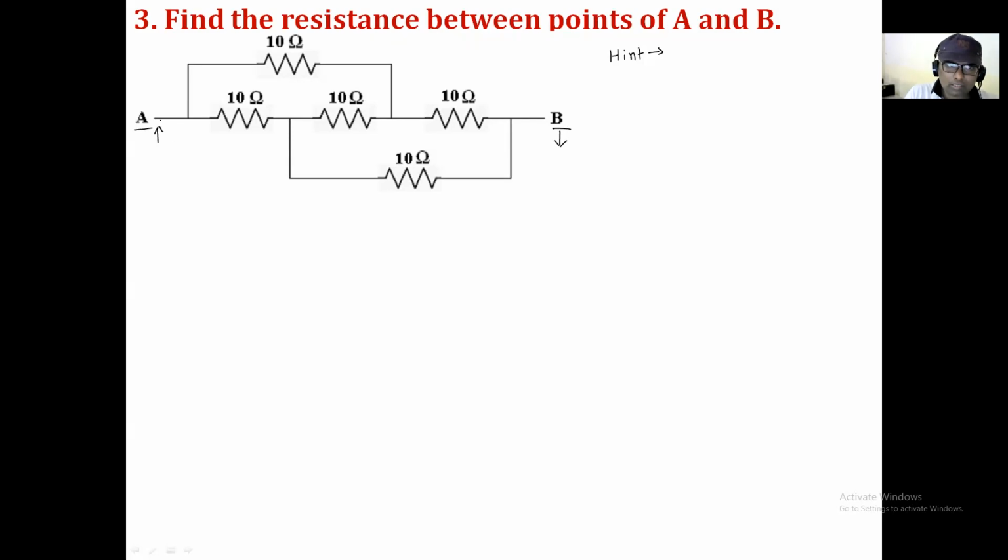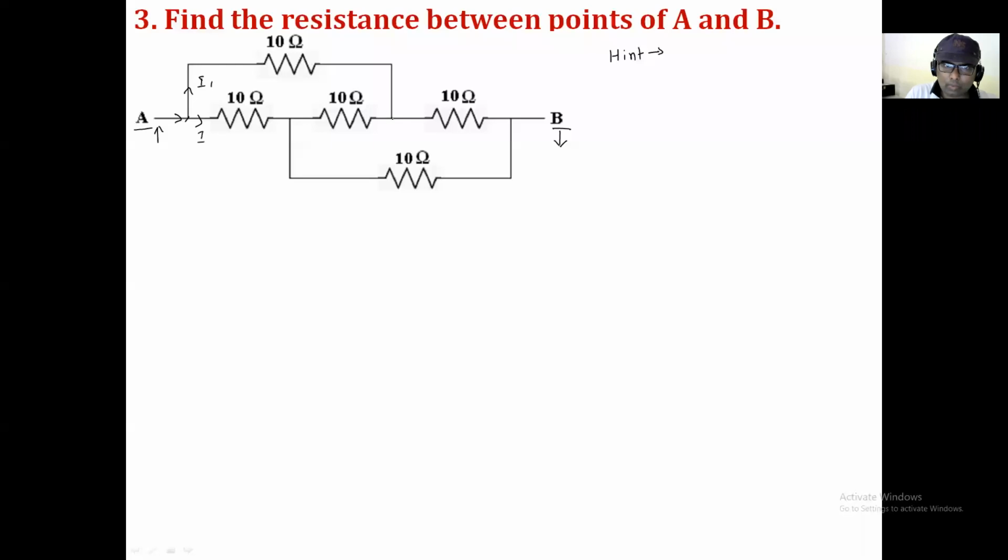Let's assume that current passes through point A. Is it right? Now, when the current comes to this point, the current will divide into two branches, I1 and I2.